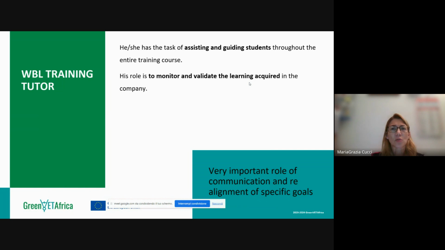It is important to align the specific goals, because we cannot ask the company to be completely aware of what we are giving to the student at school.